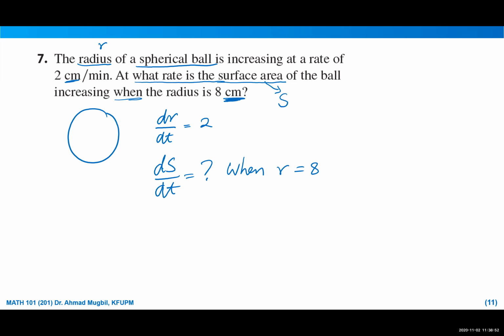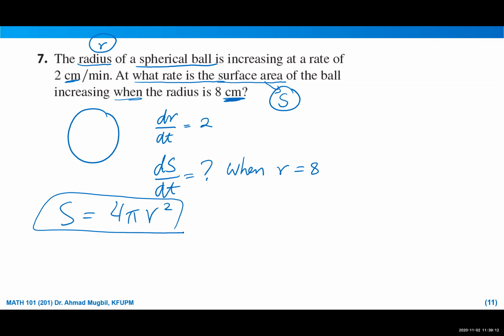So now my variables, ya Shabab, are r and S. What is the relationship between r and S? I need to find it: S equals 4 pi r squared. This is the formula of the surface area of the sphere.